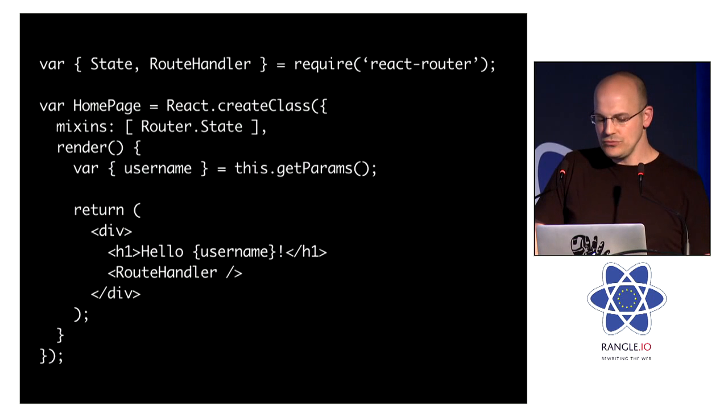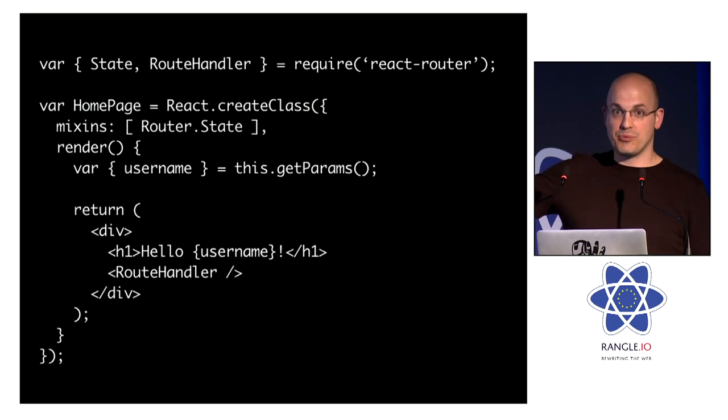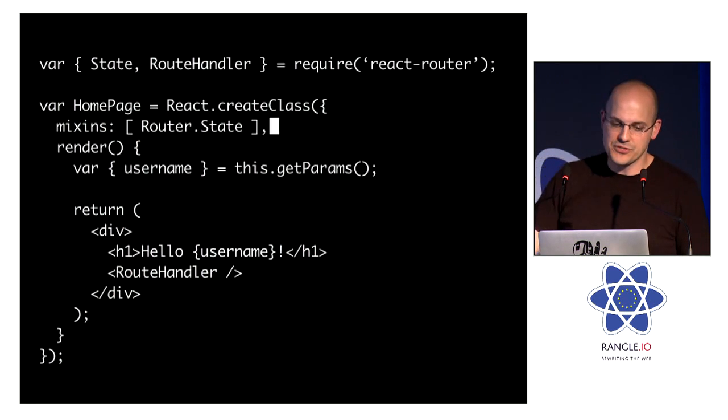One thing that we've got here is this state mixin. The state mixin is used to get info from the router, which lives way, way, way higher up in the component hierarchy, possibly much further up. But we don't really need that mixin because we've already got props to our component.